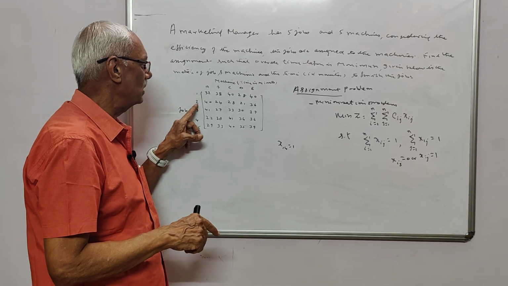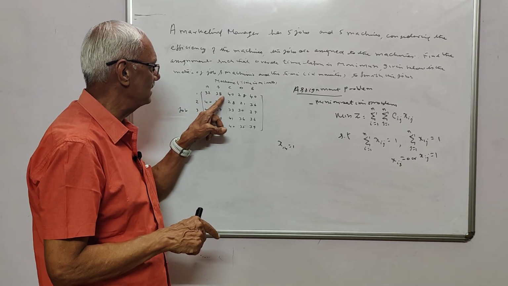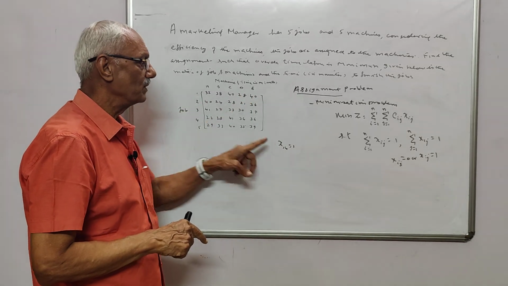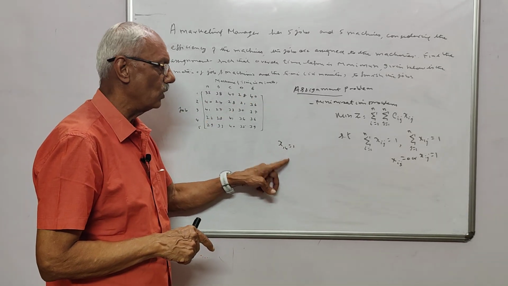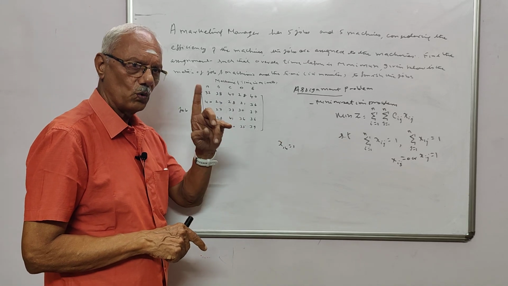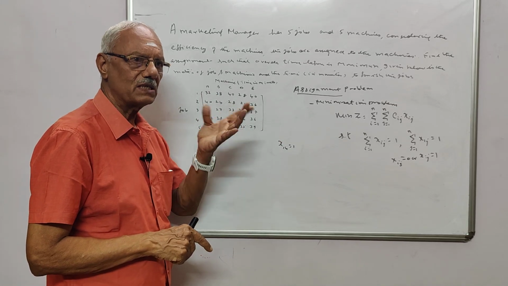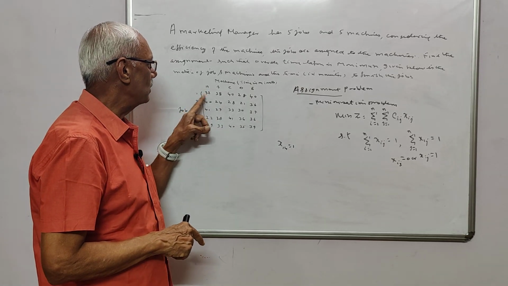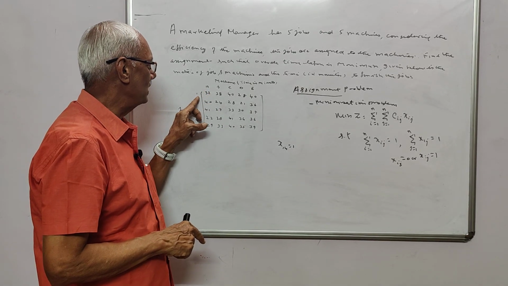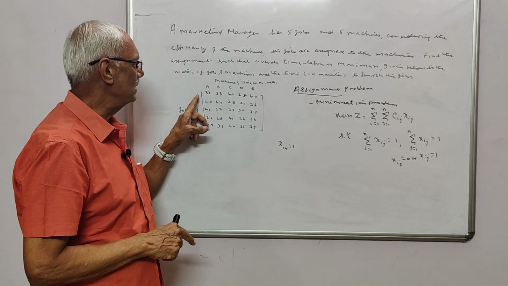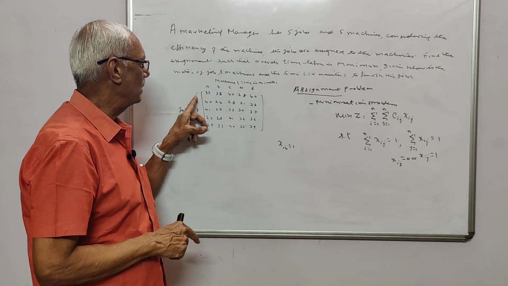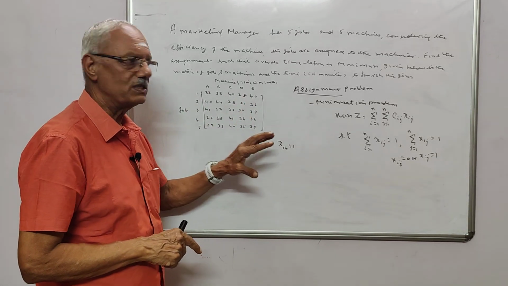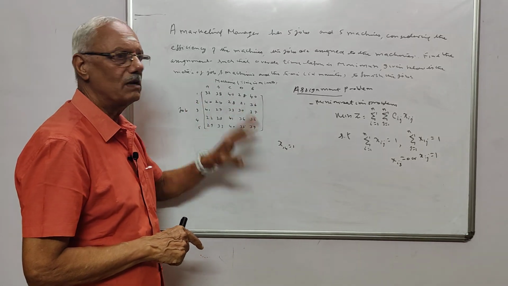Don't take the other values; you have to take only the assignment value, which can be 1 or 0. 1 means assigned, 0 means not assigned. So job 1 is not assigned to A, 0. Not assigned to B, 0. Not assigned to C, 0. Assigned to D, 1. Not assigned to E, 0. If you add everything, it will be equal to 1.